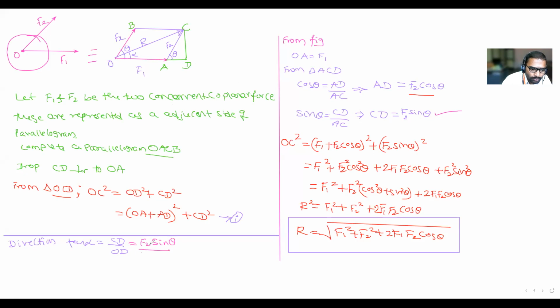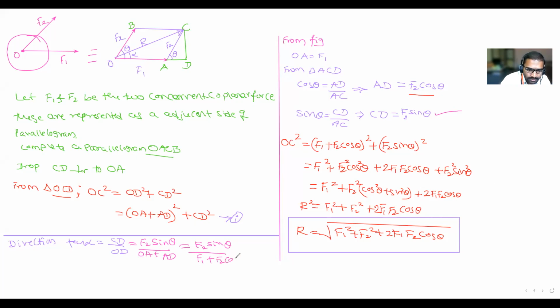So tan alpha is F2 sin theta divided by OA, which is F1, plus AD, which is F2 cos theta.